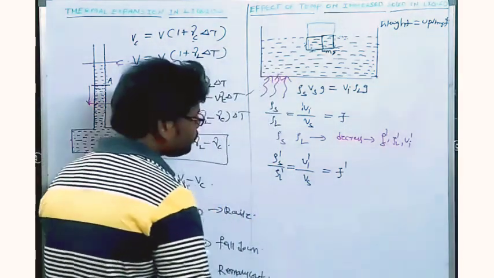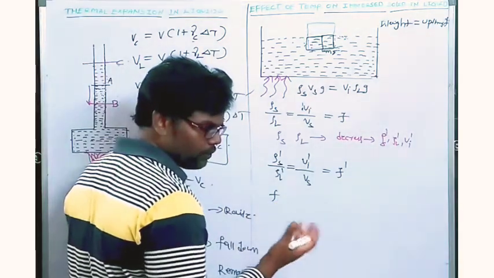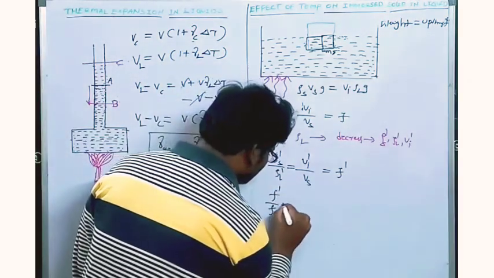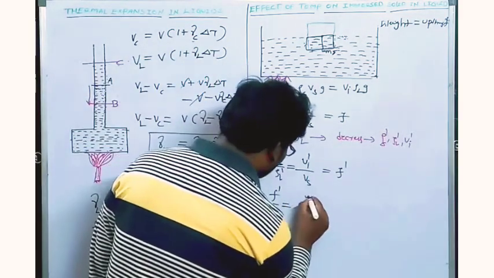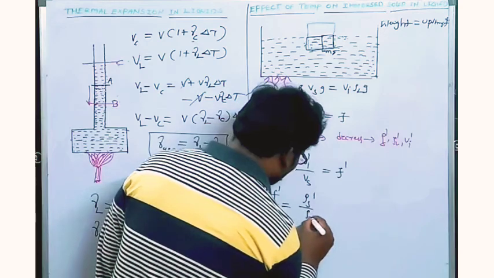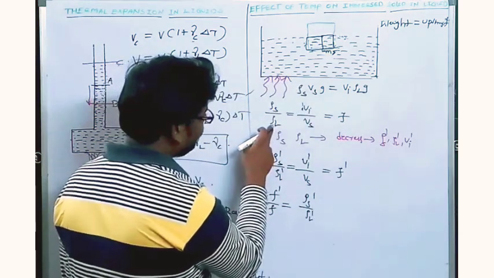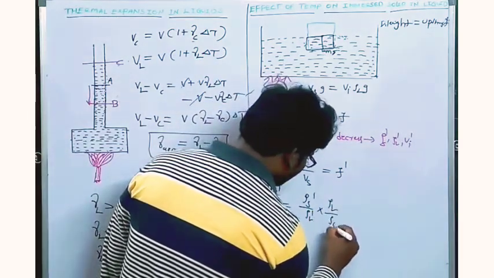So if you want to find the relation for the fractions, f dash by f is equal to rho s dash by rho l dash into rho l by rho s.